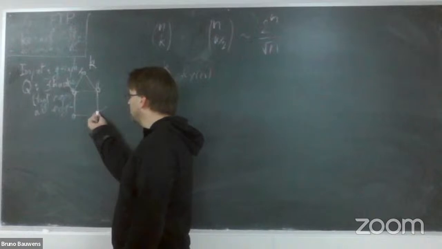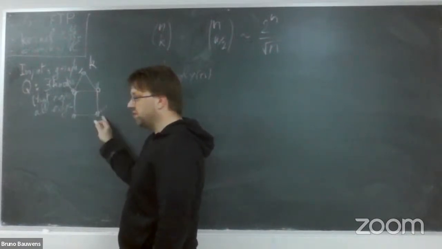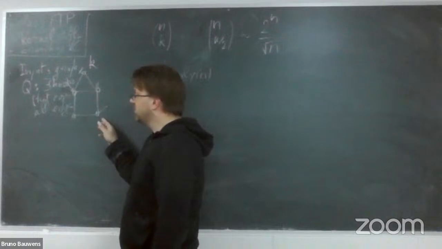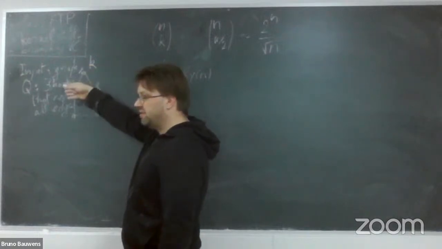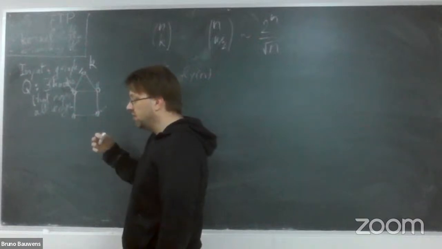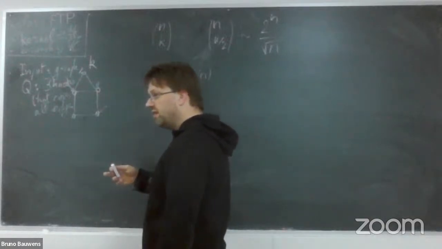And what do we know when we look at an edge? What do we know about the two endpoints and the vertex cover? Well, just by definition, every edge needs to have an endpoint in the cover. So one of the nodes is going to be in the vertex cover. And we can just pick one and then recurse.